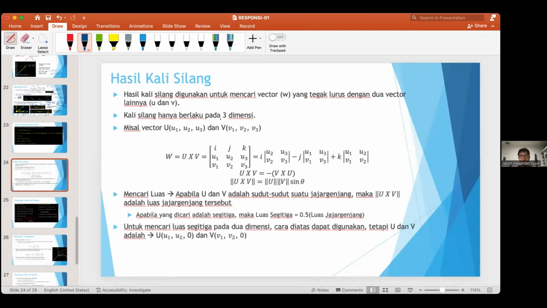This is another important multiplication, which is the cross product. As now we have the dot product, now we have the cross product.